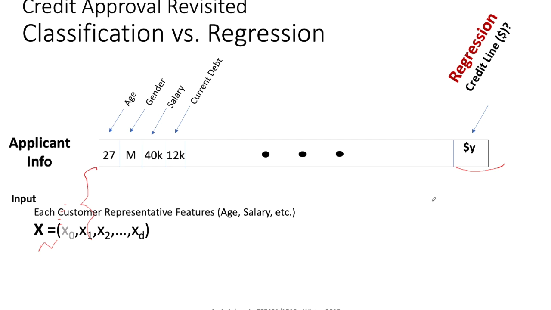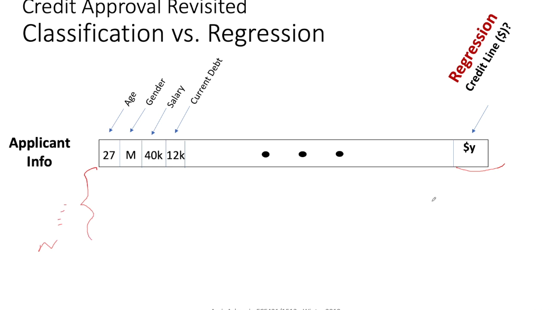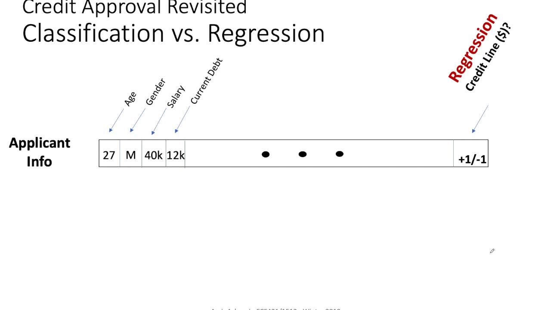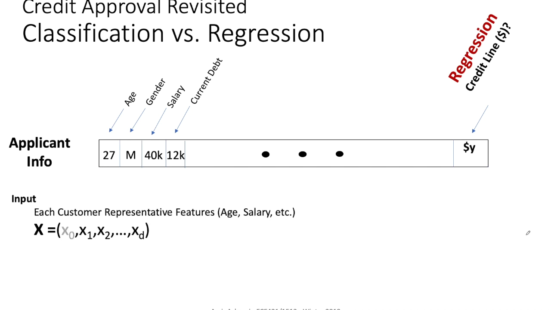So as an input, we have the customer representative features like age, salary, etc., starting from x1 up to xd, and we add that x0 as well.